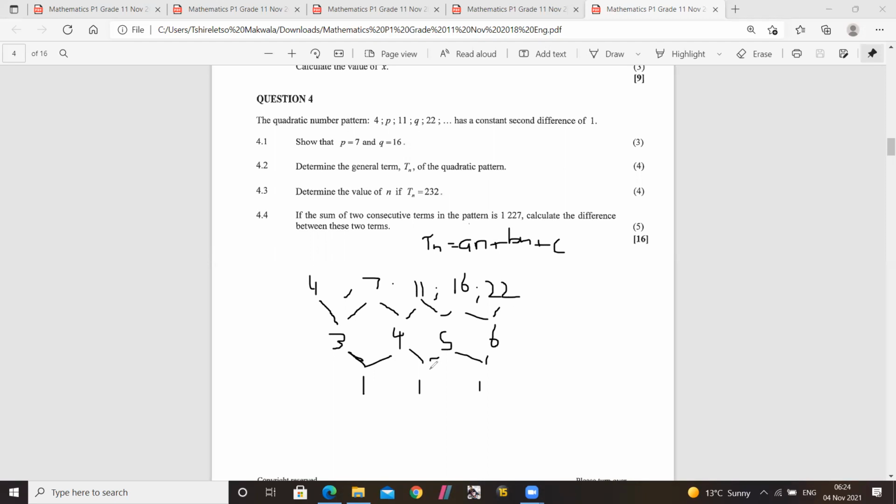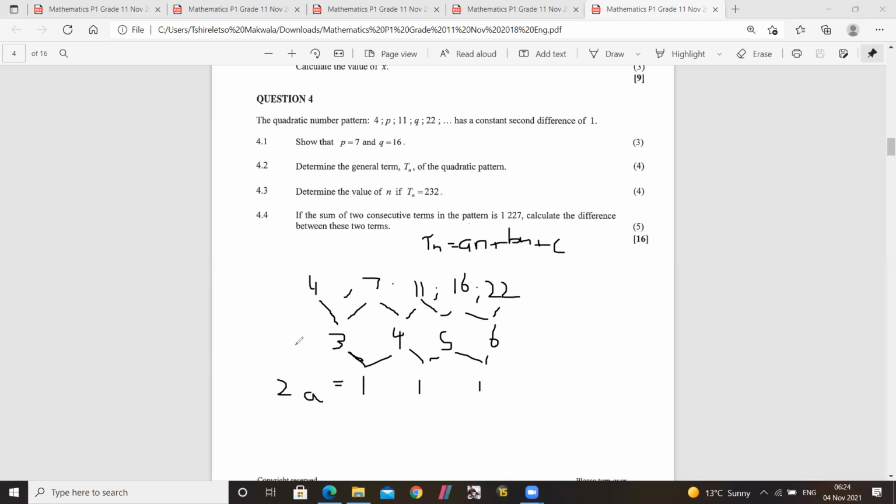So how do we calculate the general term for a quadratic pattern? We know that this thing must be equal to what? 2a. So this one must be equal to 2a, which is the constant second difference.